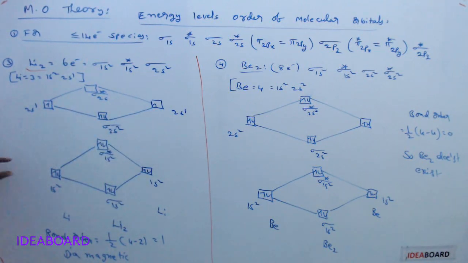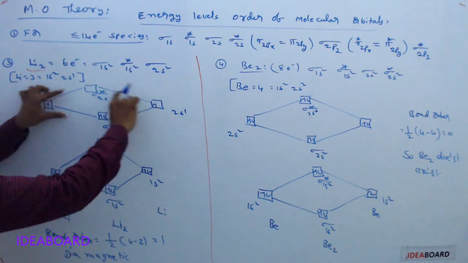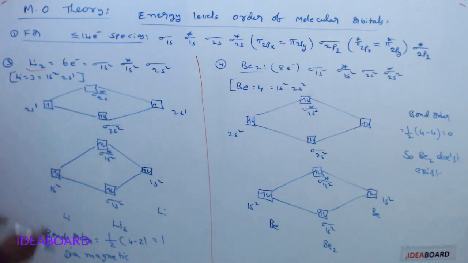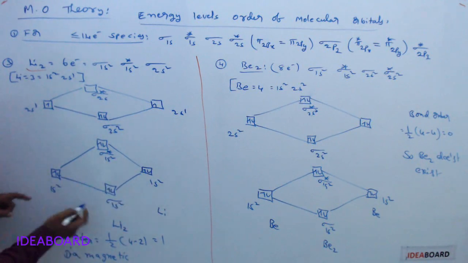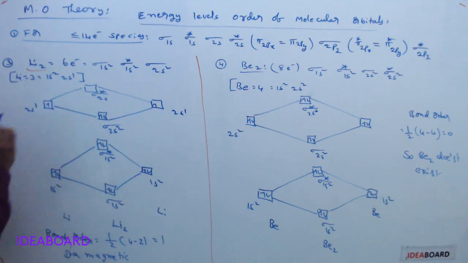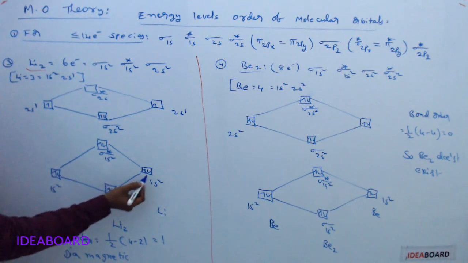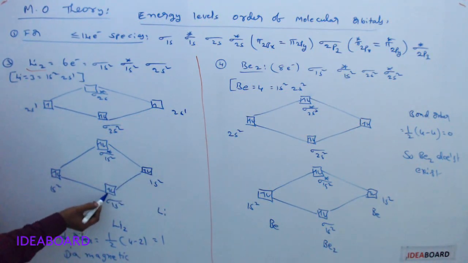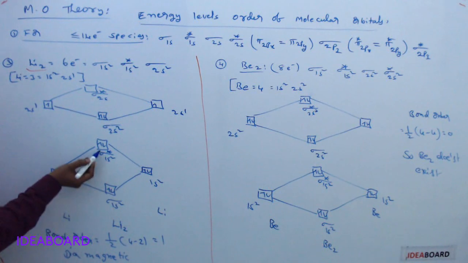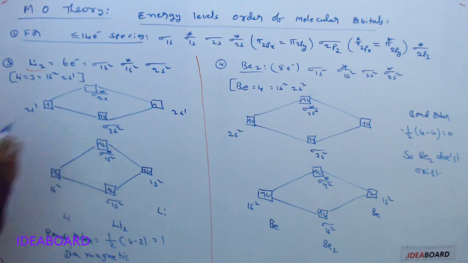First, the 1s2 and 1s2 orbitals we are mixing. Next, the 2s1 and 2s1 orbitals we are mixing. If we mix the 1s2 and 1s2 orbitals, sigma 1s2 and sigma star 1s2 are formed, same as helium. So here 2 electrons, here 2 electrons are present. I fill the first 2 electrons here and again 2 electrons here. 4 electrons over.